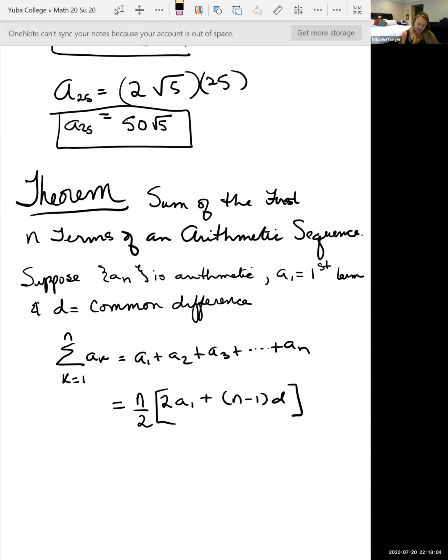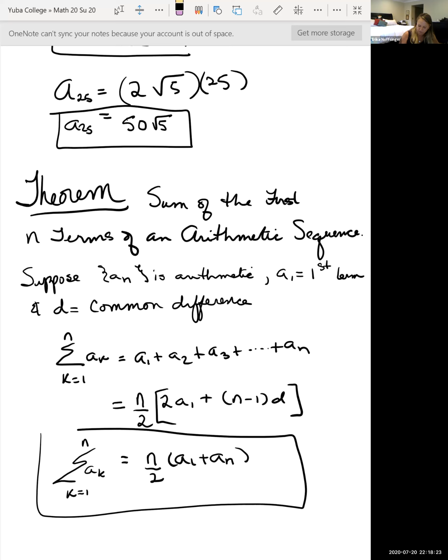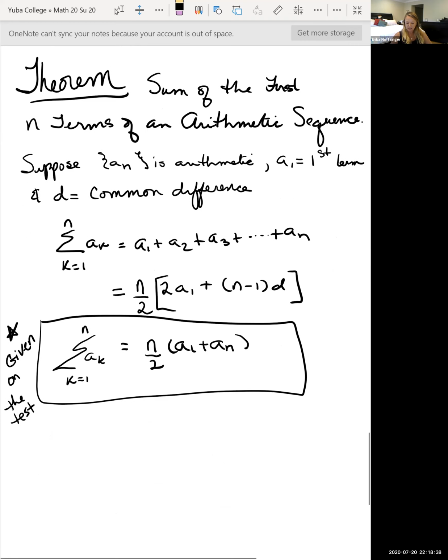But if you simplify this, basically it's n over 2 all times a sub 1 plus a sub n. So basically you need to just know how to apply it. So we'll give that to you on the test.